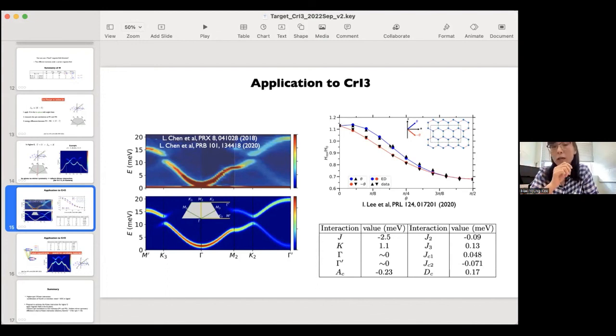And for the chromium triiodide, you don't need a large field because it's already Heisenberg dominant. You see that Heisenberg is quite a dominant interaction. Also, some of this I'm just simply following from your estimation. So we are just keeping that because that makes the fitting slightly better. But what's most important is basically JK and then this single ion anisotropy with a small DM interaction. So a magnetic field of a few Tesla will be just enough, because it's already a ferromagnet.